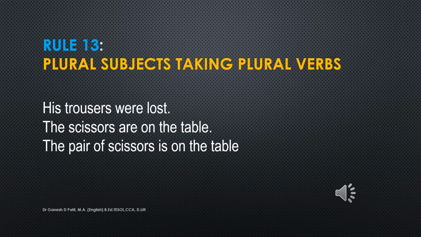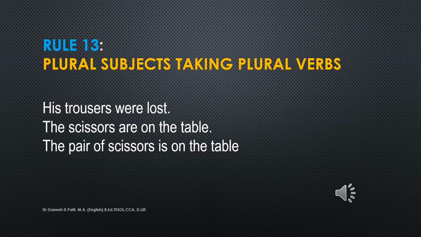On the other hand, there are some subjects which always come in plural form and they also take a plural verb. His trousers were lost. His scissors are on the table. The pair of scissors is on the table.